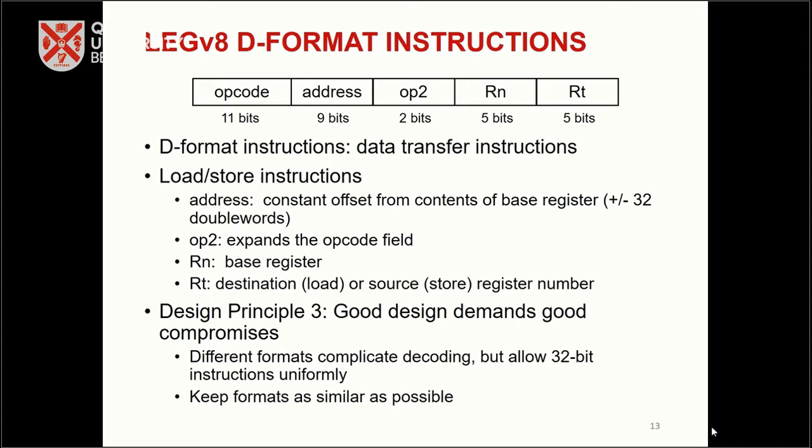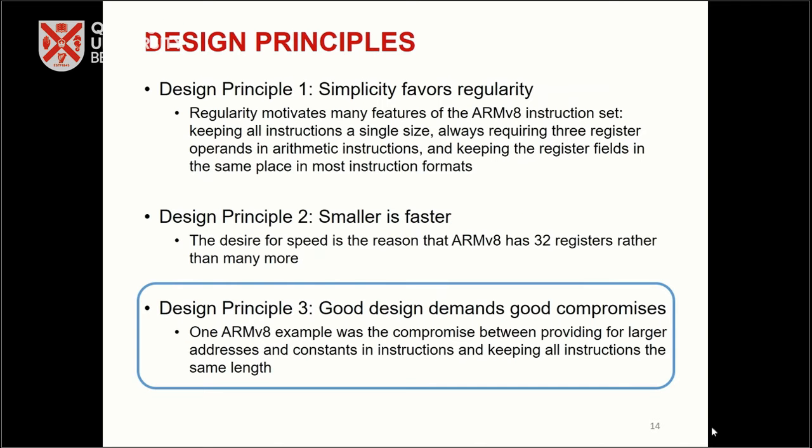Again, here we are commenting on one of the principal designs we started commenting yesterday, that says that good design demands good compromises. So in this case, having different formats makes it a bit more complicated, but as long as all of them have 32 bits, it's easy for us, keeping the instructions uniform.